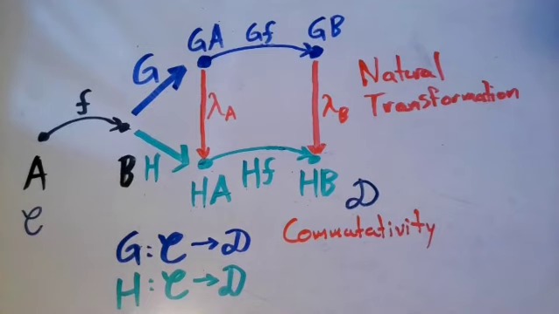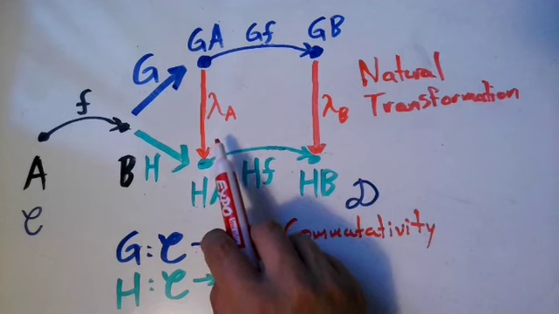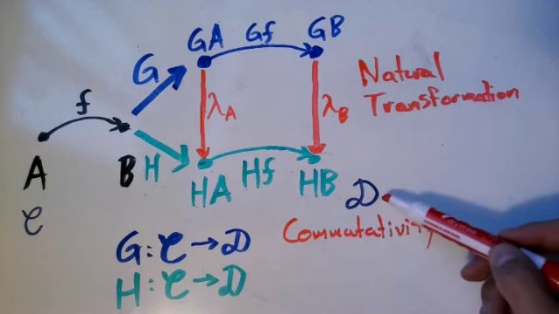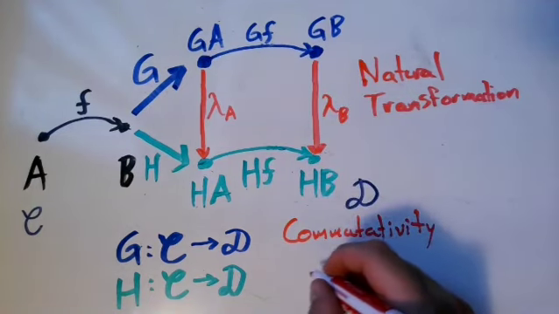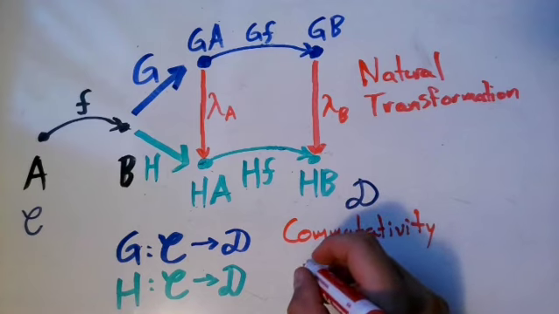And so a natural transformation is a collection of morphisms in the category D, one for each object in the category C, where the following property always holds.